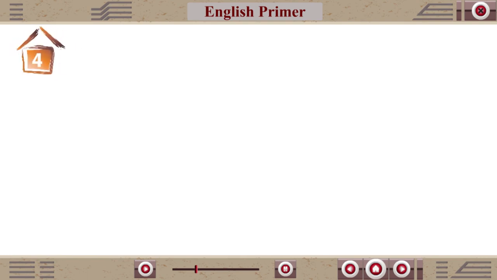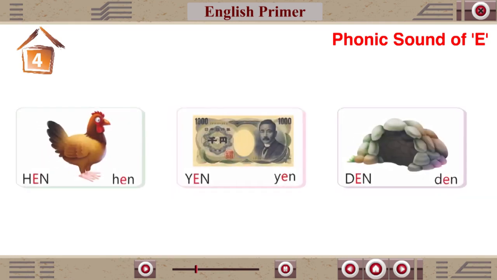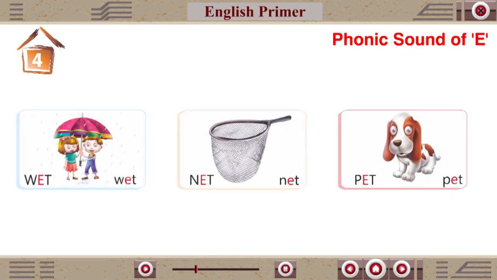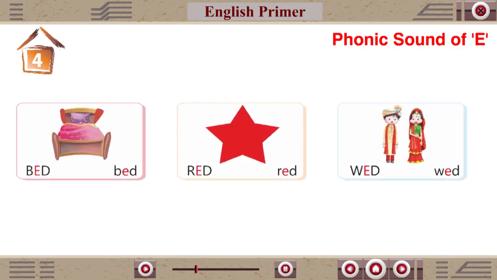Chapter 4. Phonic sound of E. Hen, yen, den, wet, net, pet, bed, red, wet.